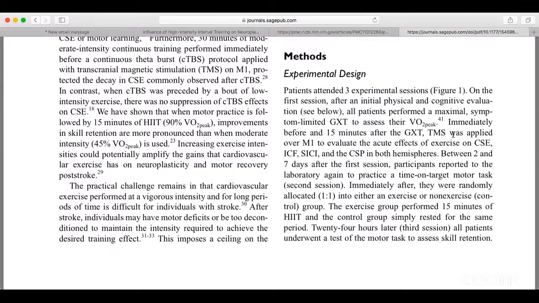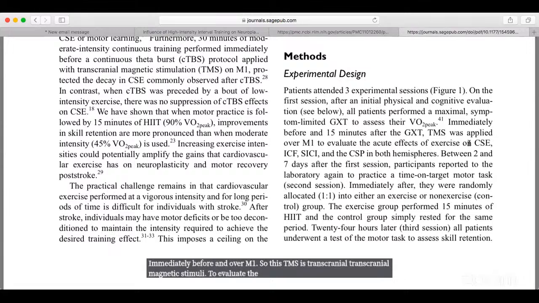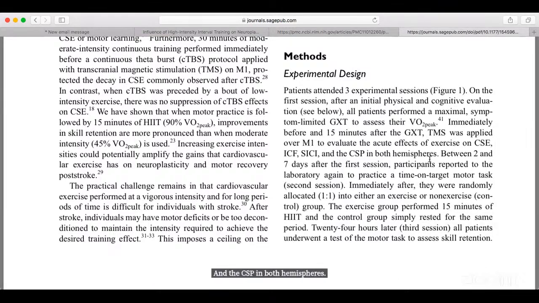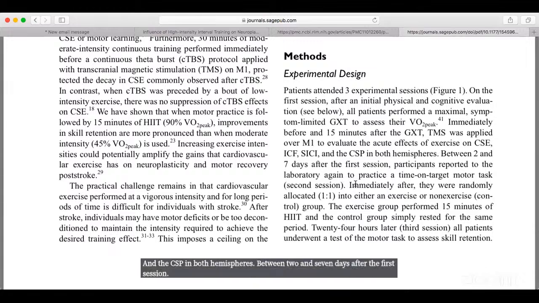Immediately before and over M1, this TMS, transcranial magnetic stimulation over M1, was used to evaluate the acute effects of exercise on the CSE, ICF, SICI, and the CSP in both hemispheres between 2 and 7 days after the first session. Participants reported to the laboratory again.